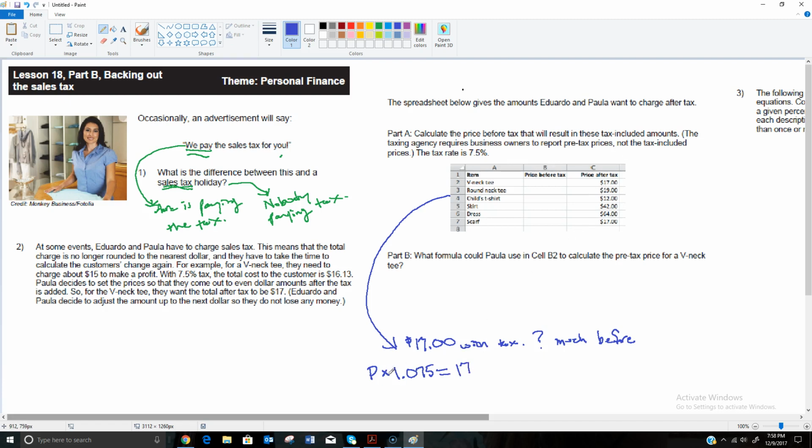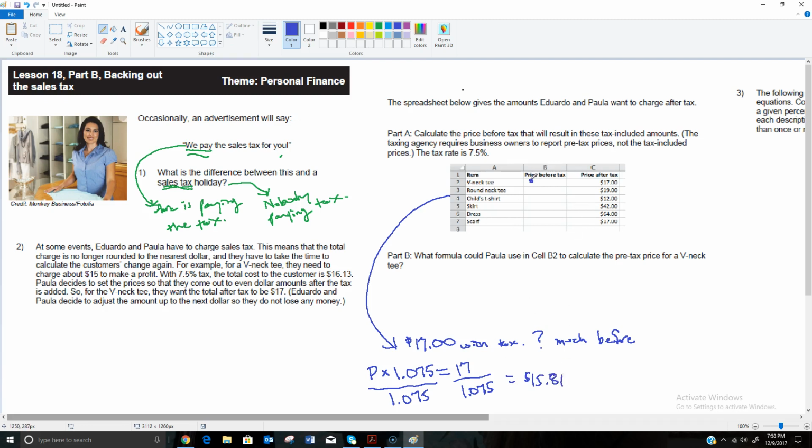So what did we start with? Well, in order to get rid of multiplying by 1.075, we're going to divide by 1.075. So 17 divided by 1.075 gets you a before tax price of $15.81.